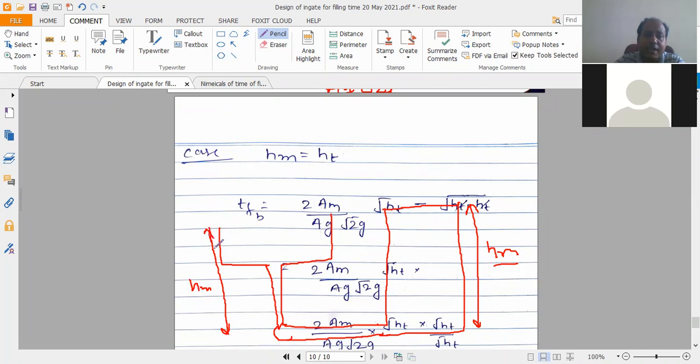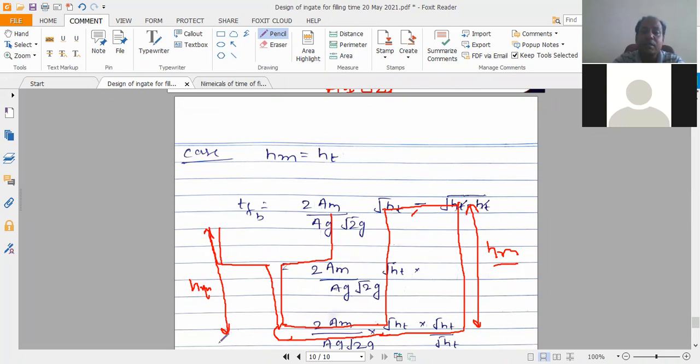So this total height is ht, and if my mold is of this same height, then what will be the time of filling? It is a special case, and this will also arise many times, so this is important for you. This is the case where the mold cavity height is equal to the total height of the gating system.